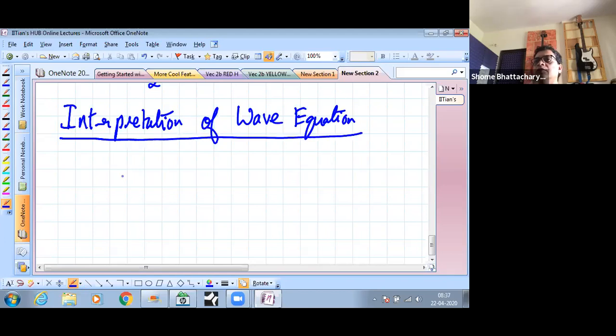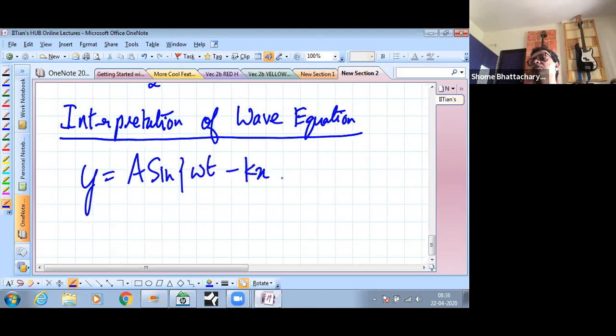So we have the equation y is equal to a sine omega t minus kx plus phi. So by the way, in an equation, this minus can always be replaced with a plus. Then the direction of propagation becomes opposite.